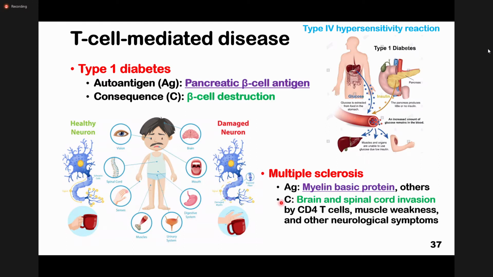So it has different consequences. It affects different organs as well, okay. This is the normal neuron, how it looks, but the breakdown of the neuron or myelin here will cause multiple sclerosis, okay.